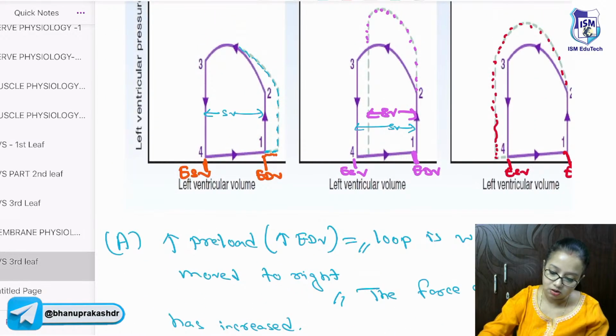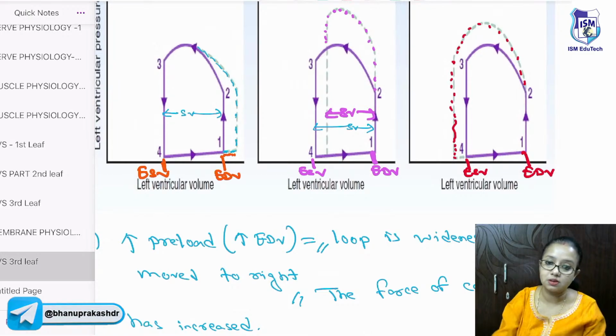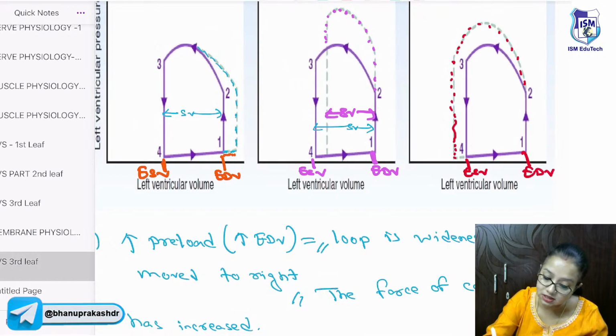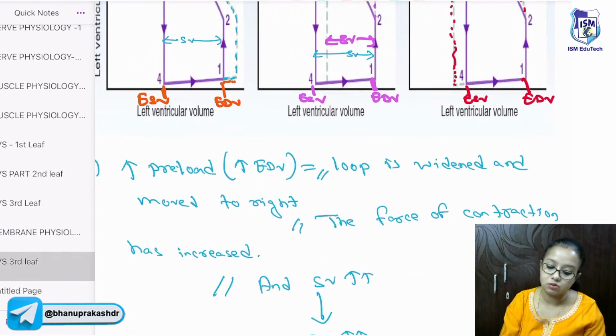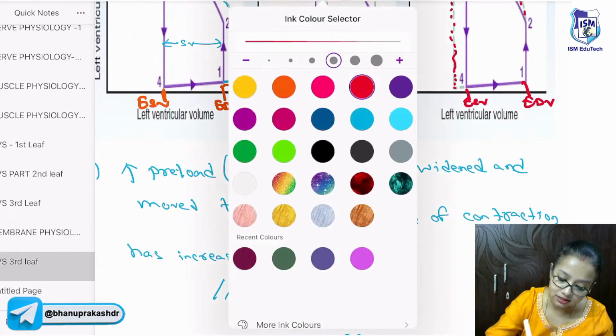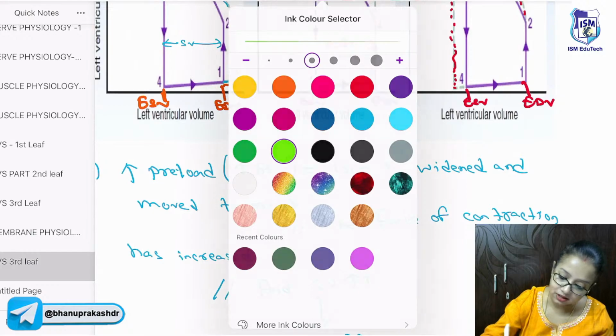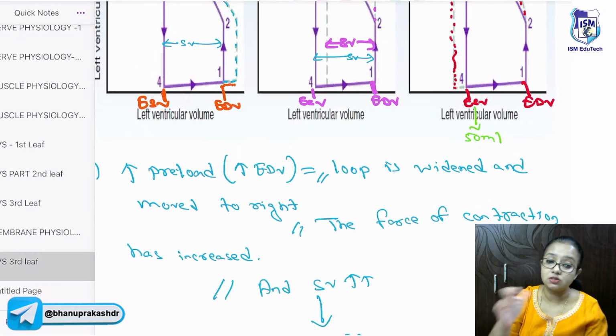So overall, what we studied from the determinants of the stroke volume, these graphs are implications of that. In the third case, we saw that with the increase in contractility, more blood is being pumped to the periphery. The stroke volume and the cardiac output are more. Say in normal condition, 50 ml of blood remains in the ventricle after normal pumping.